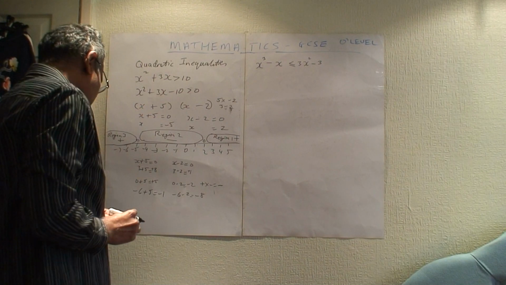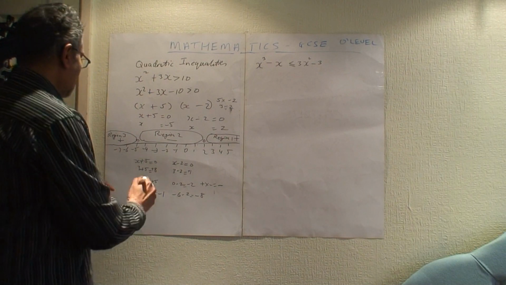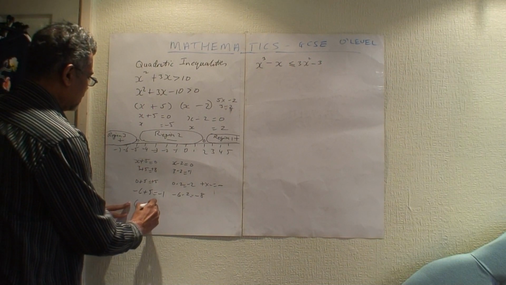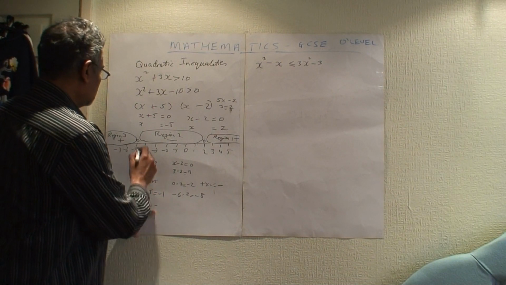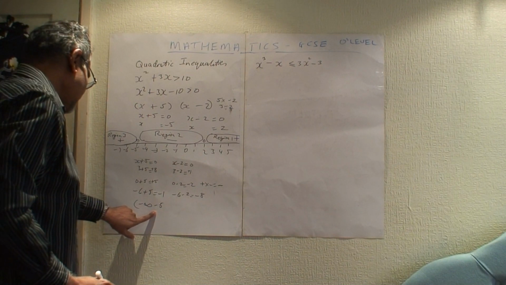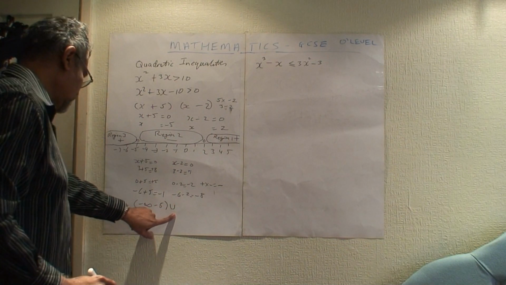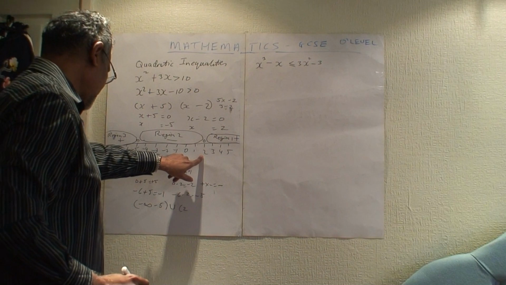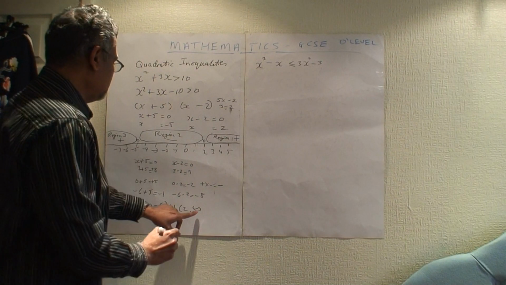Okay, so from this we can say that the answer for this one is negative infinity to negative 5, union 2 to positive infinity.